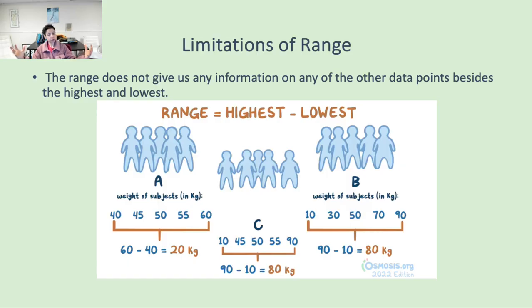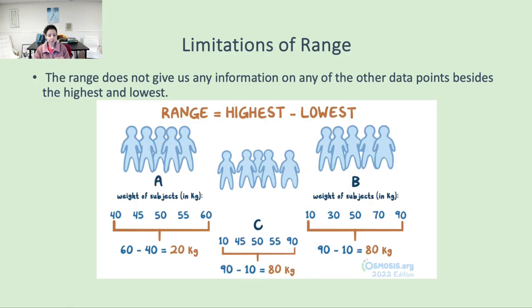a much bigger spread. However, if we look at the middle group, we had a lightest person of 10 kilograms, a heaviest of 90 kilograms, and our range was also 80.